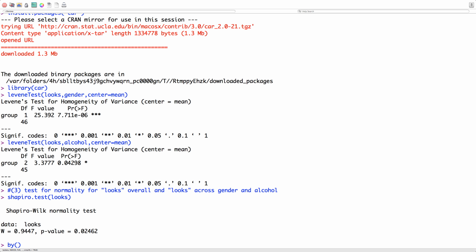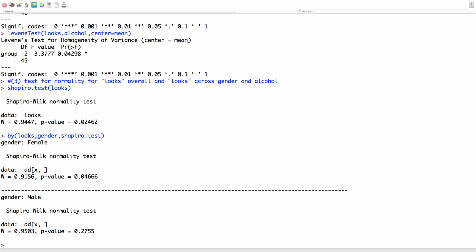So I'm going to run looks for gender, and I want to run the Shapiro test. And it appears the reason that we got the statistical significance here may be because the looks for female don't appear to have come from a normal distribution.